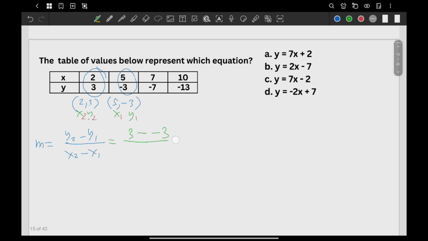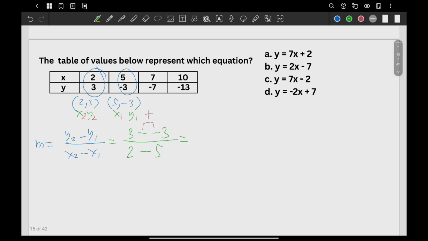All over, what's the value of x sub 2? X sub 2 is 2. Minus, what's the value of x sub 1? X sub 1 is 5. There. So now what do you have? 3 minus negative 3: minus, minus becomes plus.